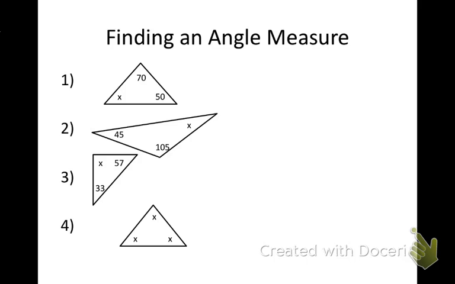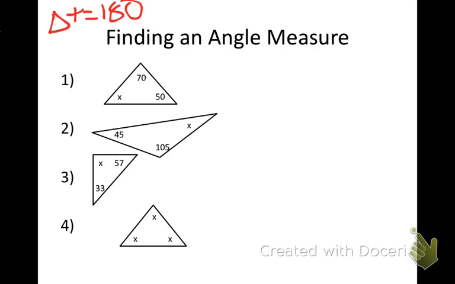Alright, number one. I want to find an angle measure. I have an angle of 70 degrees, an angle of 50 degrees, and x degrees. I need to find that missing angle. What does a triangle add up to again, Jessica? 180. The triangle adds up to 180.